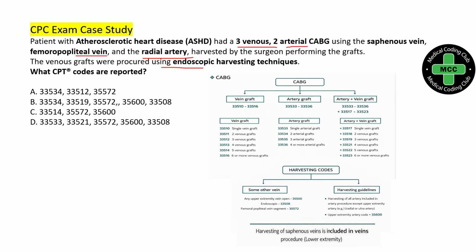Okay, totally they are utilizing 3 venous and 2 arterial grafts, which means it's a combined grafting. Together you have 5 grafts here, 3 plus 2, but it's a combined grafting. So as I already said, when they are doing combined grafting, you must take your code from this region.